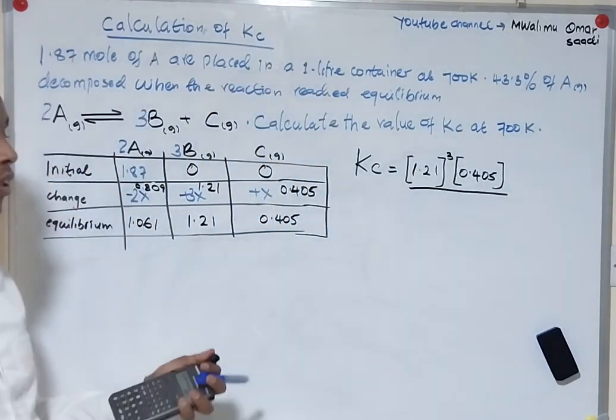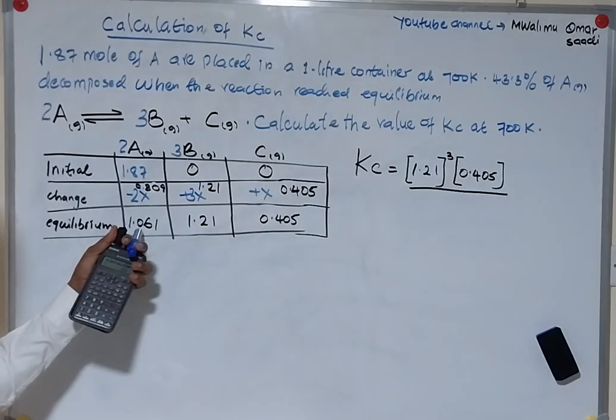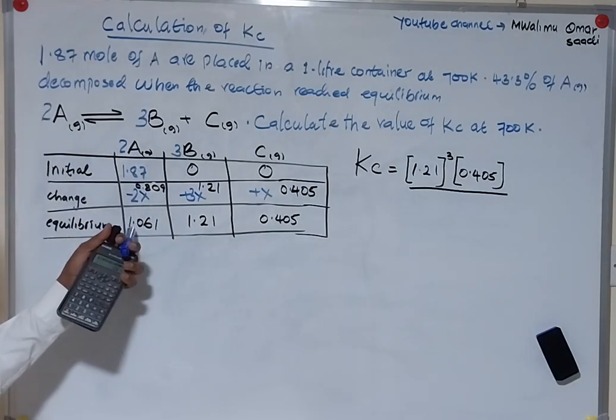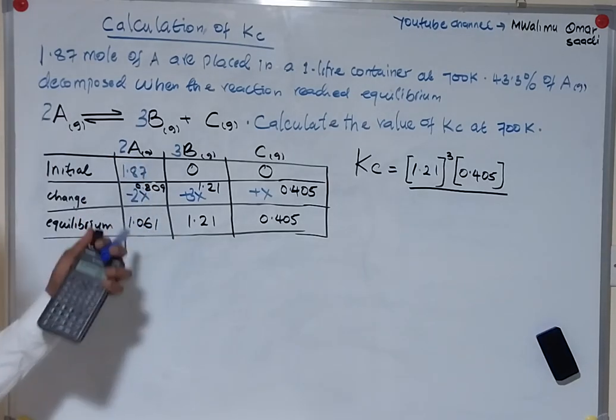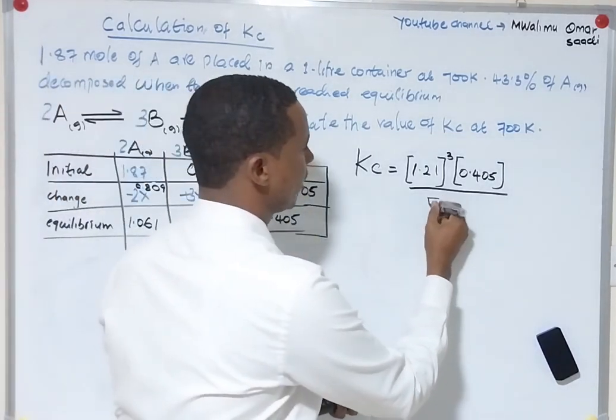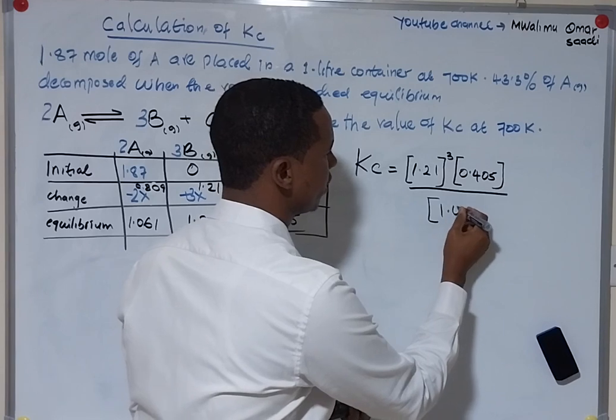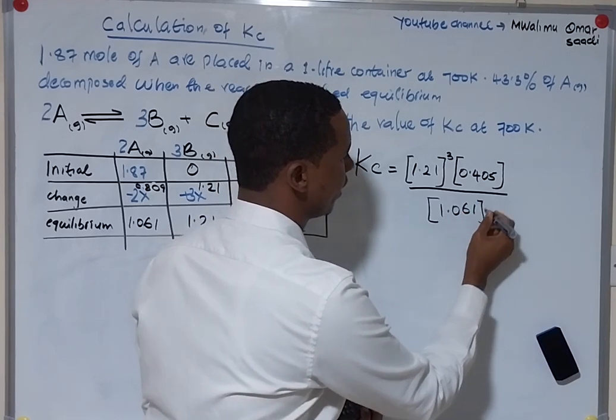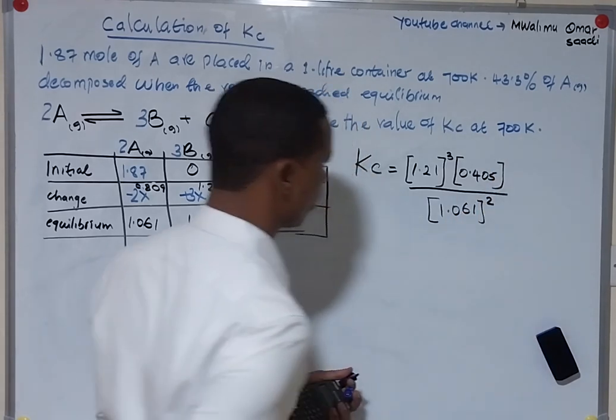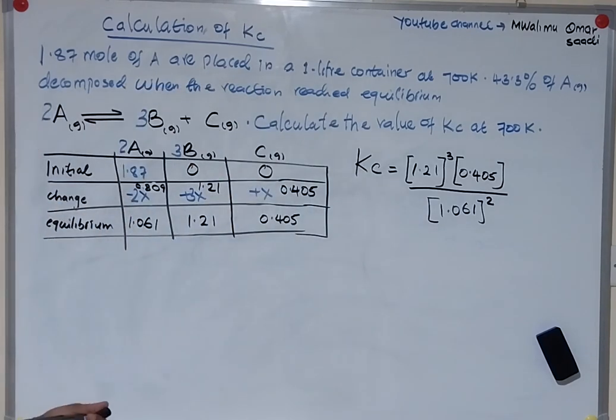And then the reactant, which is A, is 1.061 over 1.061 raised to 2, since the coefficient is 2.